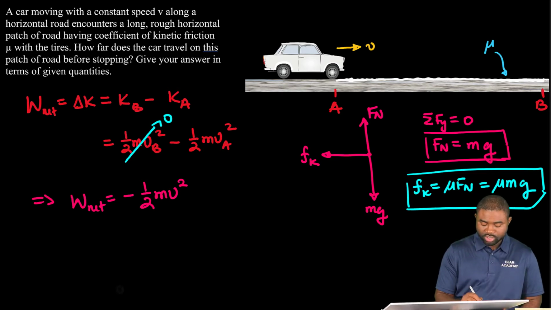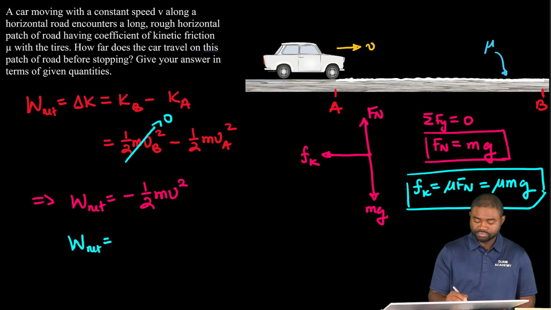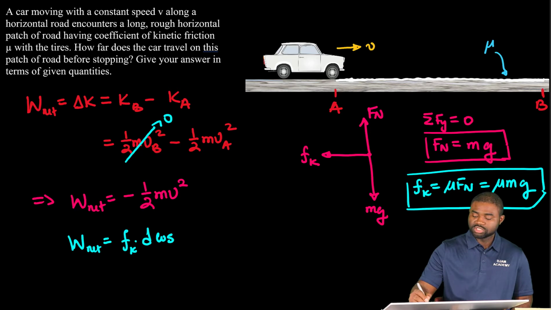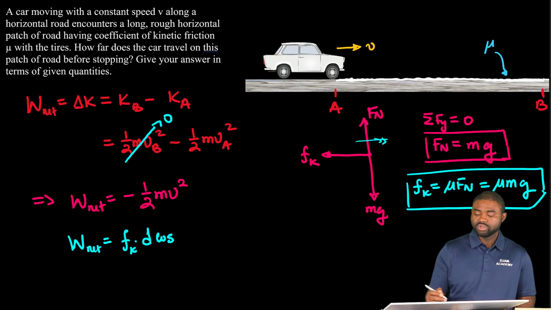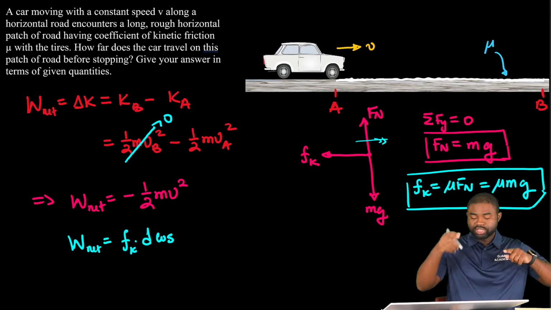So the net work done on the object, W net, is going to be equal to the work done by friction, which is f of k, multiplied by the distance moved, d, cosine of theta. Now, what is theta? The displacement is to the right, the force of friction is to the left, so the angle is 180 degrees.